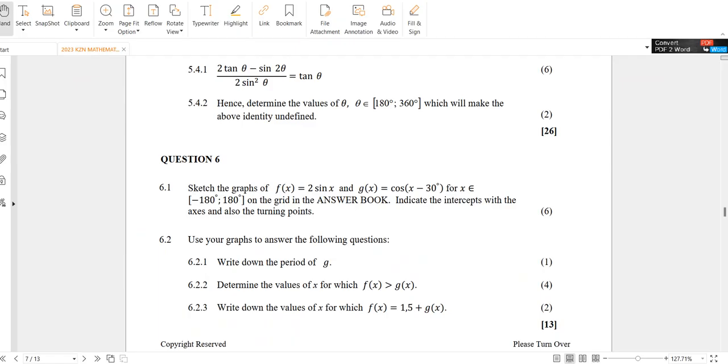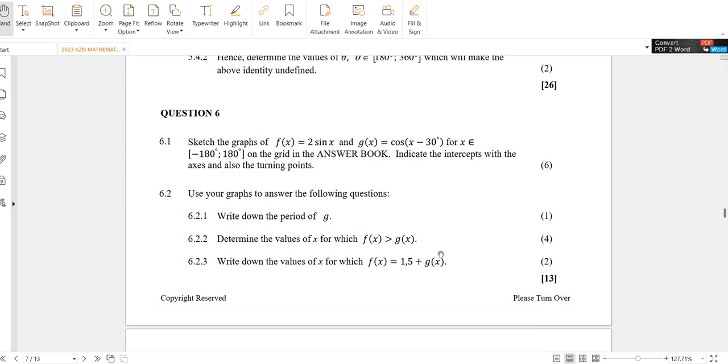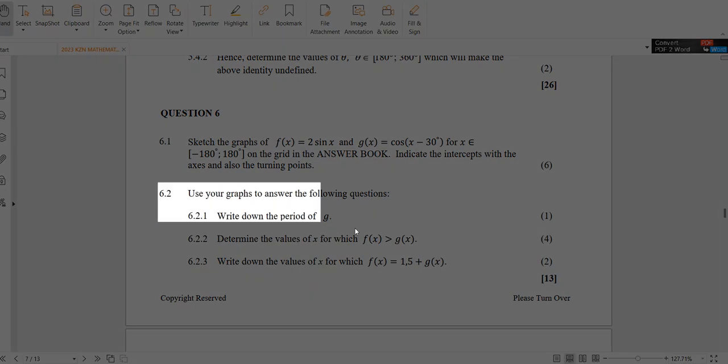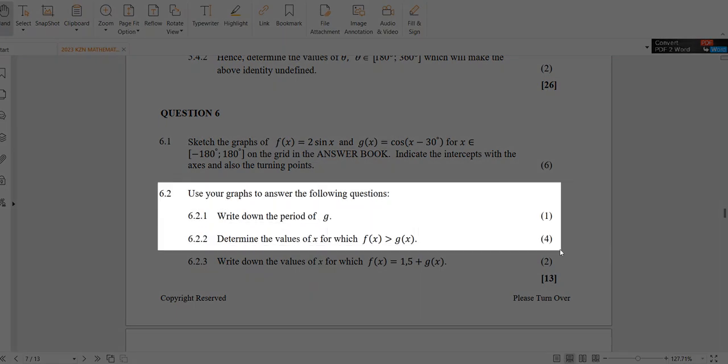Right, so we've got all indication here. We have indicated everything. Next problem, write down the period of g of x. We're just solving these basic problems, right? So you can just do it in one step.